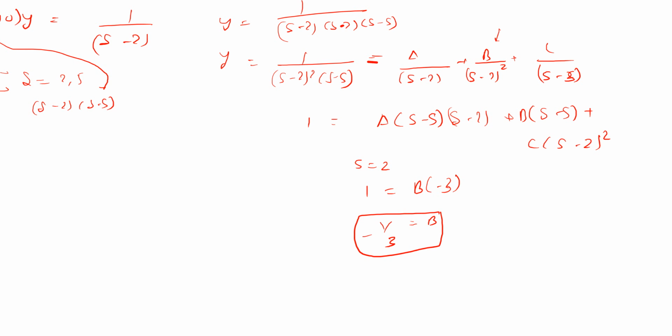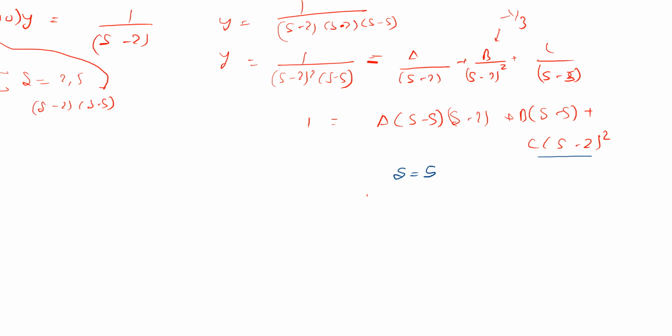Okay, next part, here s equal to 5. If we put s equal to 5, then only the c factor is remaining. So the value is c times 9 equal to 1, that is c equals 1 over 9. So we put this value 1 over 9.